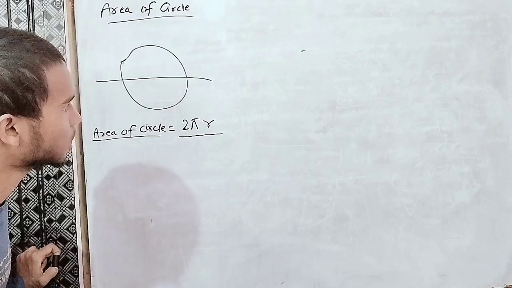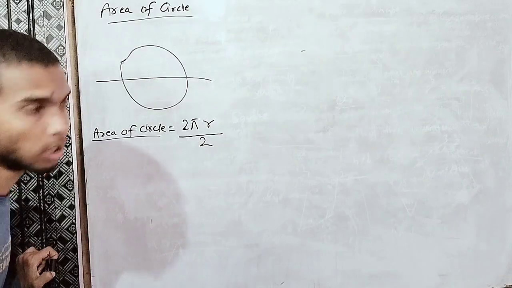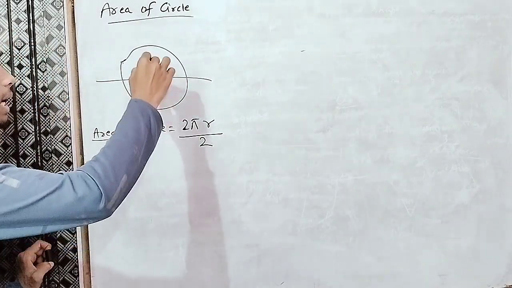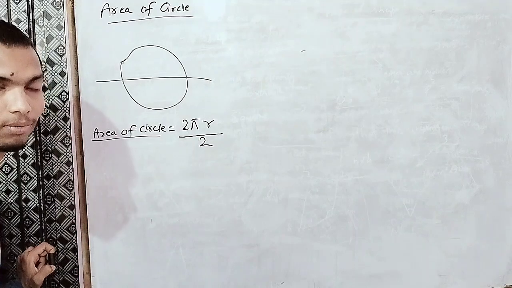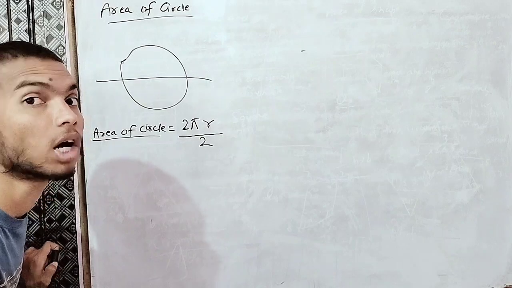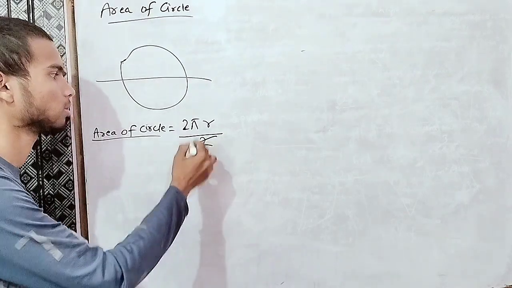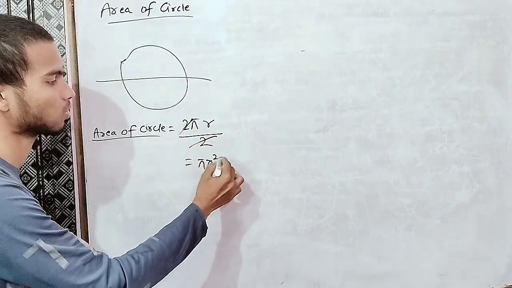2 pi r square. Just we will divide by 2, because here we have taken 2 times, but we have to take only 1 time. Now we have pi r square.